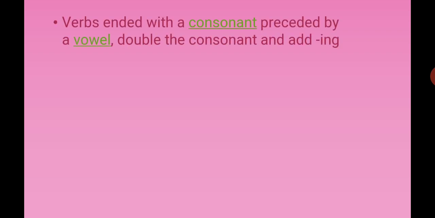Let's see the next rule. Verbs ending with a consonant preceded by a vowel, double the consonant and add ing.